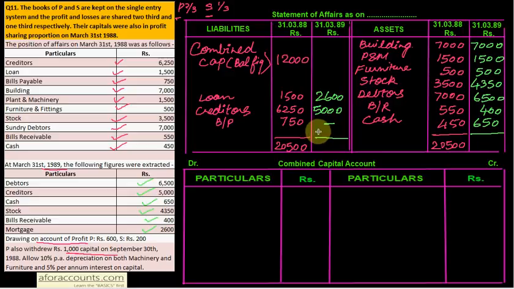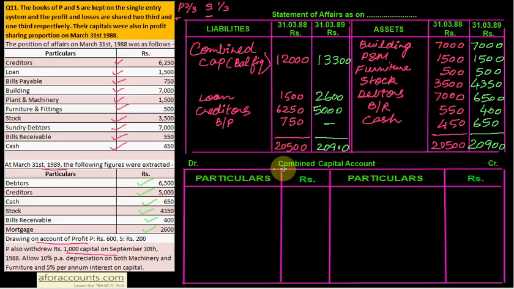Now take up the total of all the items here, which comes up to 20,900. And 20,900 minus these two items comes to 13,300. That is your combined closing capital.